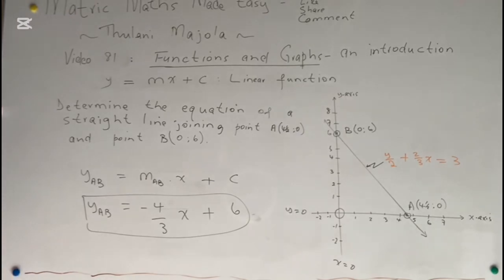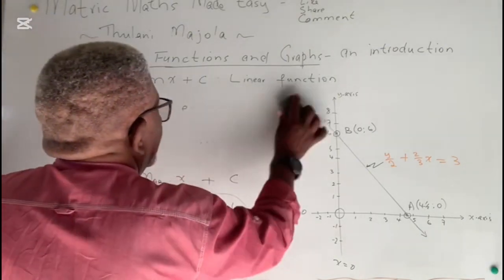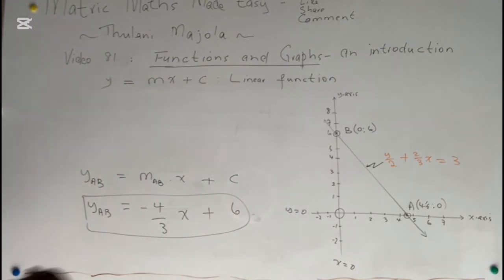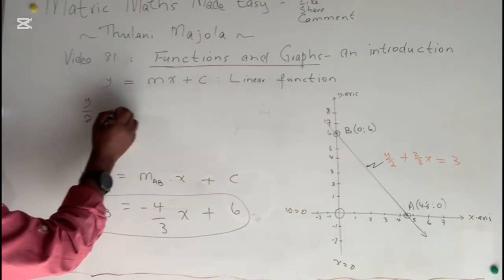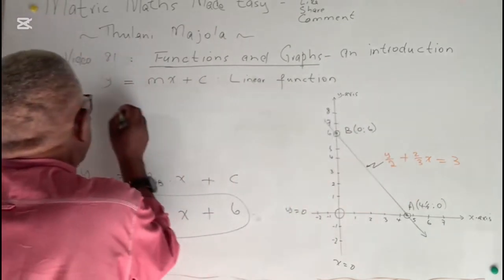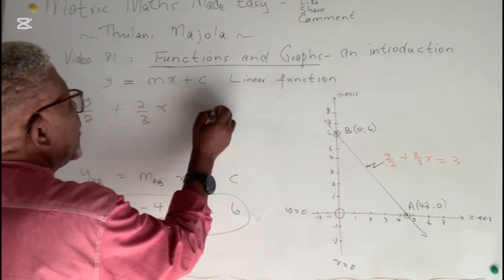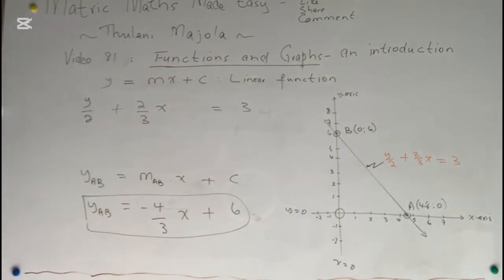So we can do the same thing like we did in the previous examples. Now what I'm going to do is take this: y over 2 plus 2 over 3 x equals 3, and make y the subject of the formula. To make y the subject of the formula, we know the story.